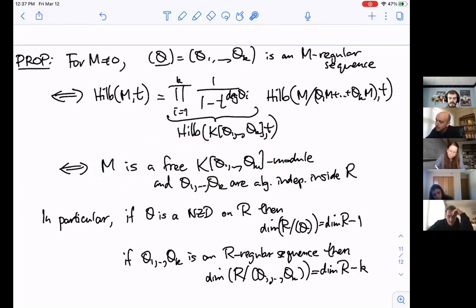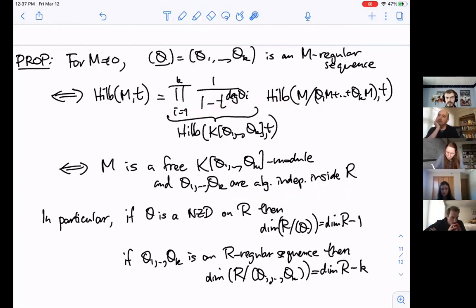You'd have this relationship between the Hilbert series of the quotient and the original, and that's the Cohen-Macaulay case that we're heading toward. Okay, so I'm going to try to prove this, at least part of this proposition.